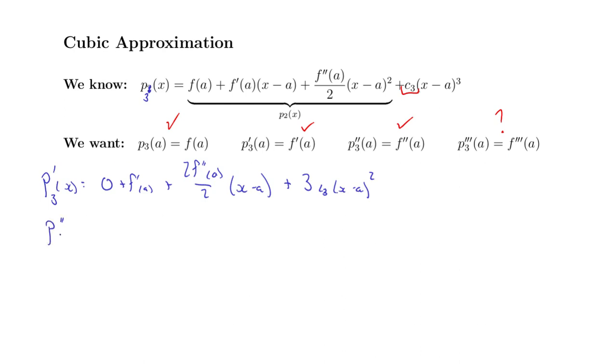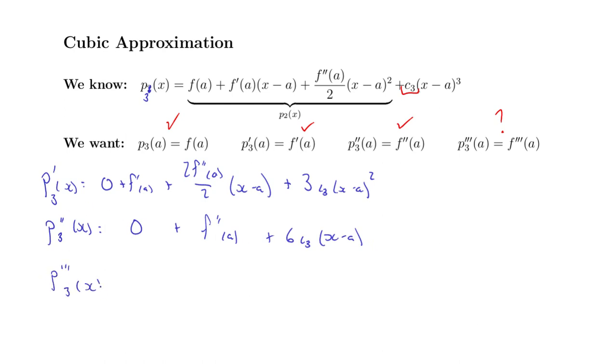Immediately, we'll find the second derivative. That's going to be 0, because the first derivative of this constant will be 0, plus, this is just f double prime of a, and it was linear, so we have a constant derivative now, and then we have 6c3 times x minus a.